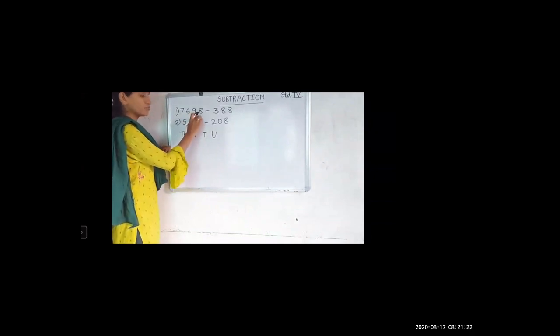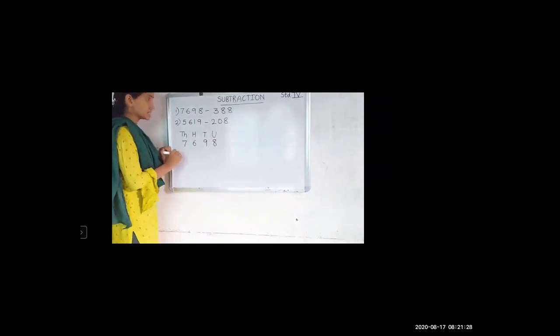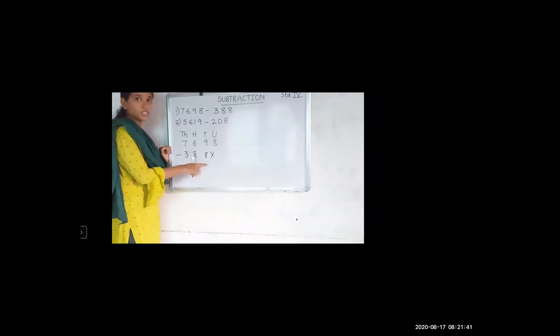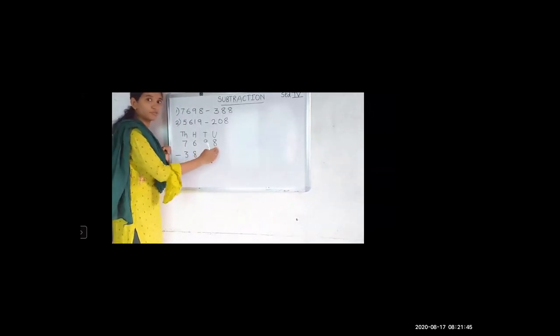So the first number is of 4 digit, that is 7,698 minus 388. So this number is of 3 digit. So sometimes I've observed that students write like this, which is wrong. You are not supposed to write like this, because whenever you are writing the numbers, you have to write it from the unit side, from the right hand side.